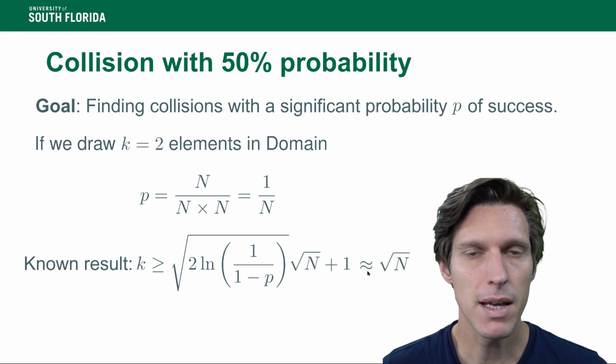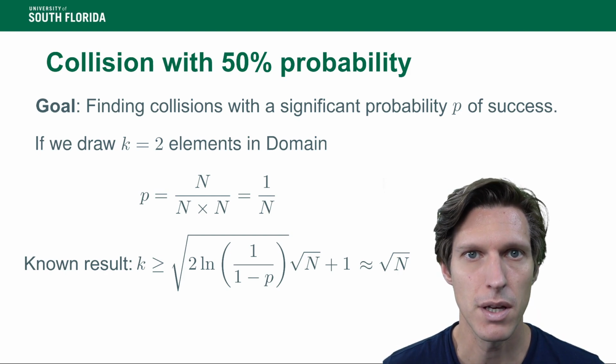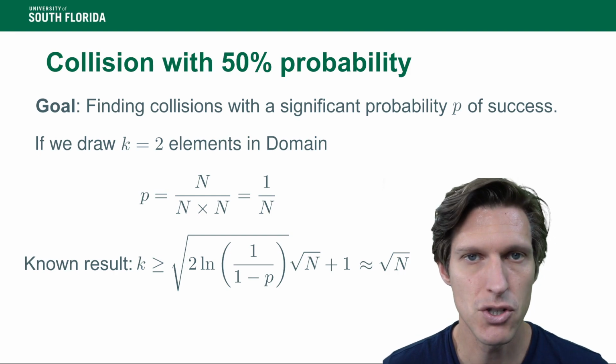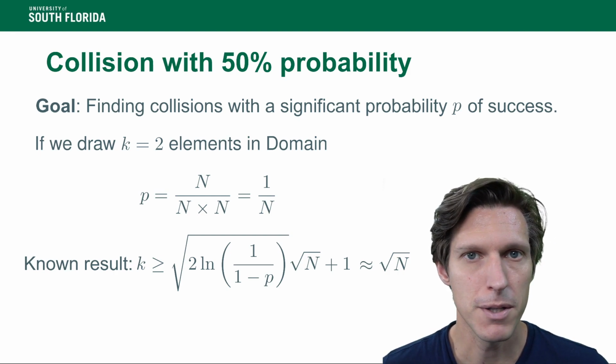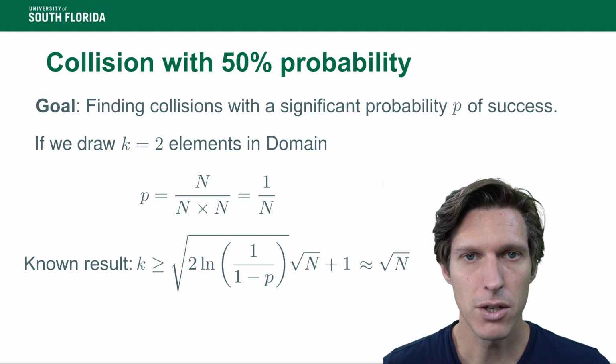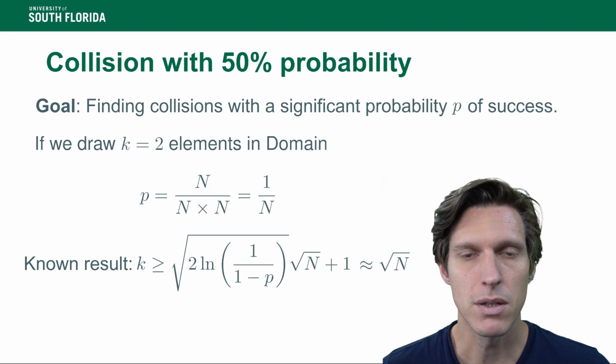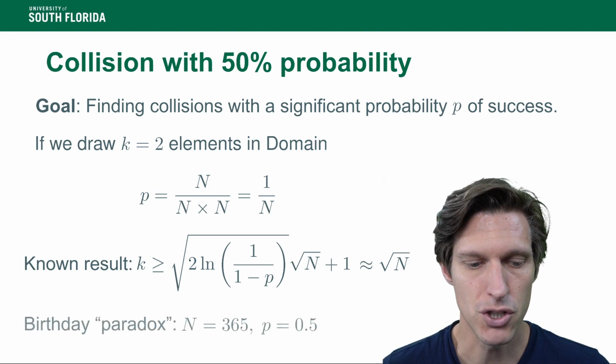So if k is at least square root n, give or take, then you know that you have a probability p of finding a collision. So replace p by 0.5 to get your number k. That will get you a 50% chance of finding your collision.